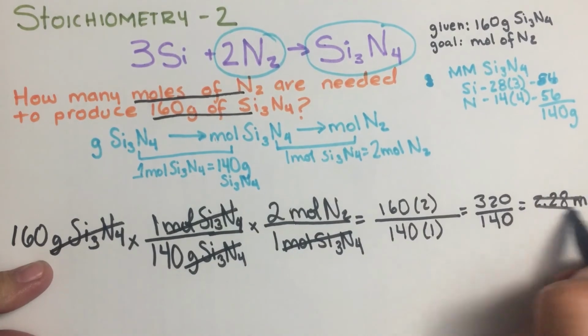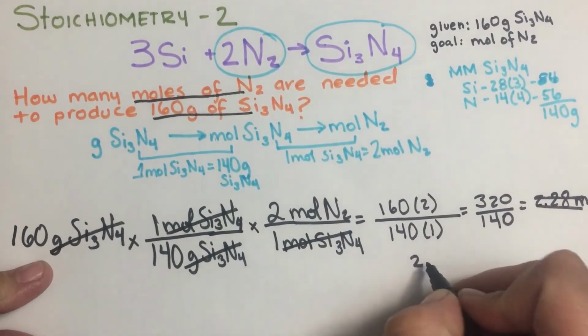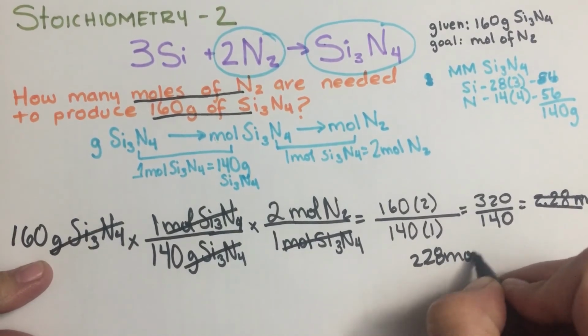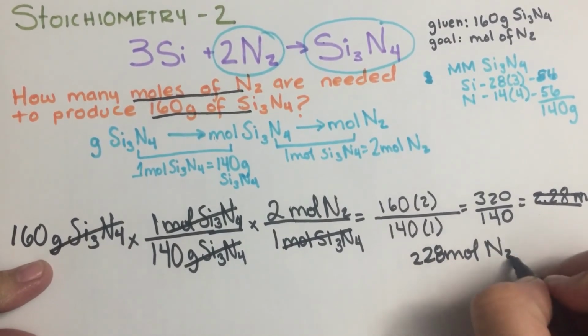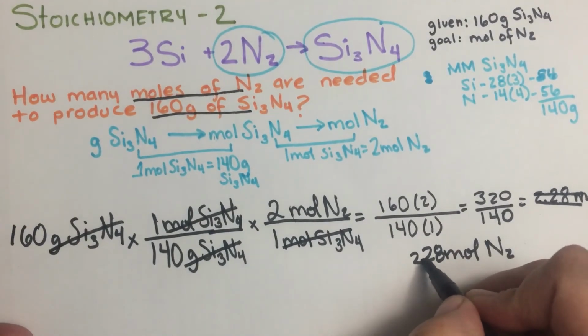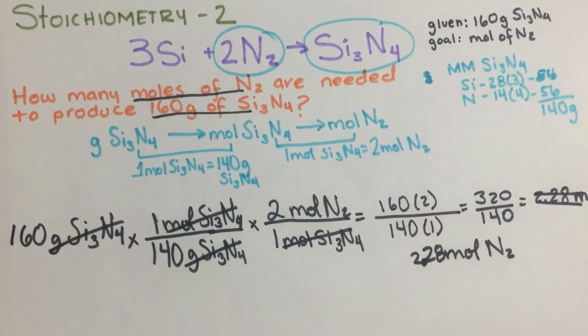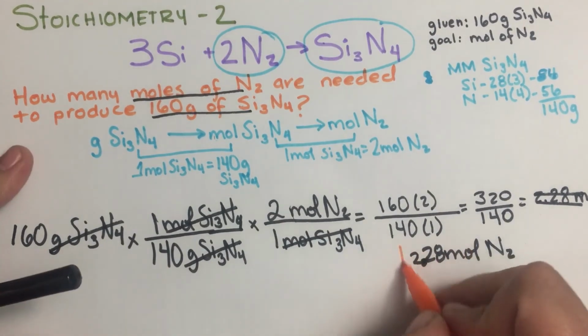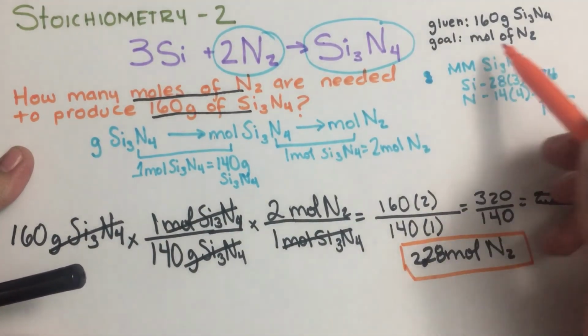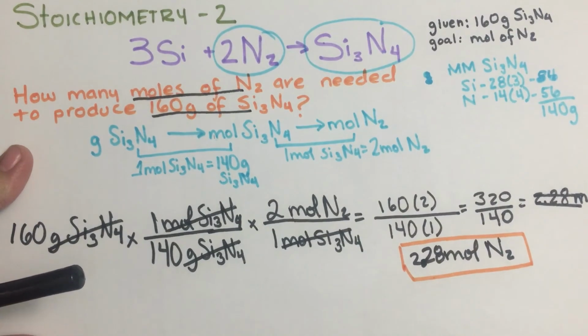Let's write it down here: 2.28 moles of nitrogen. So here's a dot in here. Remember to always circle your final result, double check that it has the units that you are asked, and if you do, then you're set.